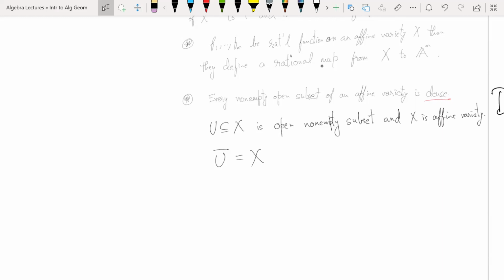How do you compute the closure of some subset of an affine variety? Any closed subset containing U must be X. Yes, if you take a closed subset of X which contains U, it has to be X. So why is that? Why is the closure of U the whole of X?